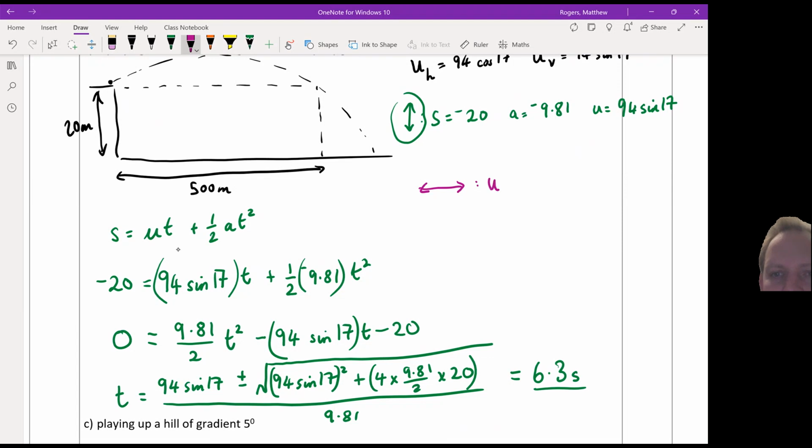So it has an initial speed that's equal to its final speed, that is 94 cos 17, and it travels for a time now of 6.3 seconds.